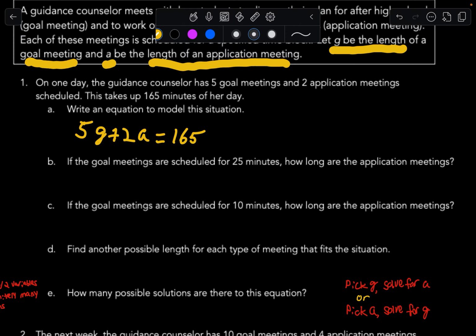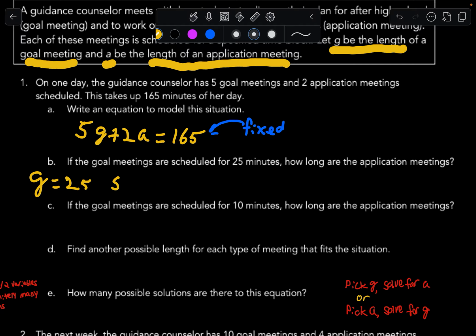Now remember, this right here is fixed, the time. So if the goal meetings are scheduled for 25, that would be G equals 25.